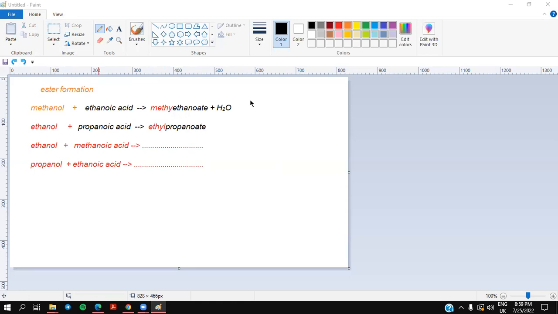Means the answer is propyl ethanoate. Beautiful. Yes, it is propyl ethanoate. I'll write here: propyl ethanoate. I'm waiting for Ryan's answer now.